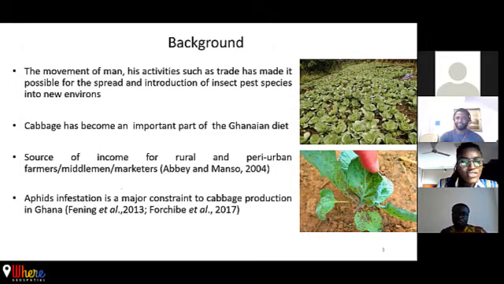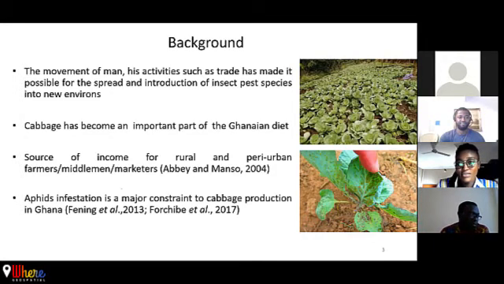Recently in Ghana, there has been high growth in the production of cabbage, mostly in the peri-urban and urban areas, because cabbage is mostly consumed in the urban areas. At the same time, it also serves as a source of income for the rural farmers who grow it.